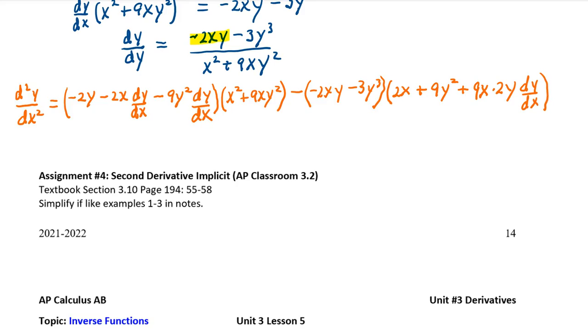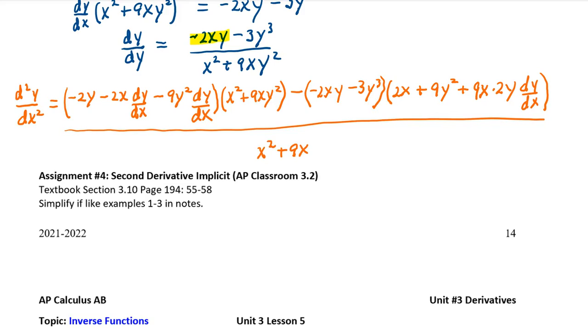That, ladies and gentlemen, is your quotient rule and chain rule and product rule all wrapped up into one big problem. The denominator is the easy part because it's still all over the denominator squared. And that is second derivative implicit.